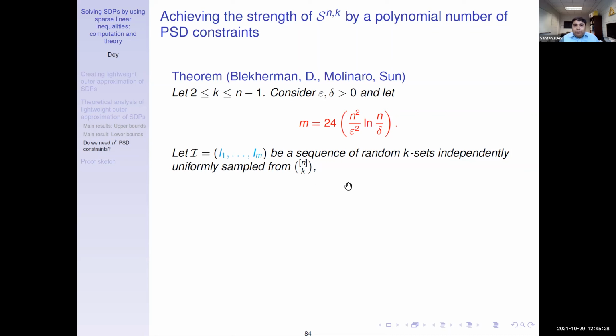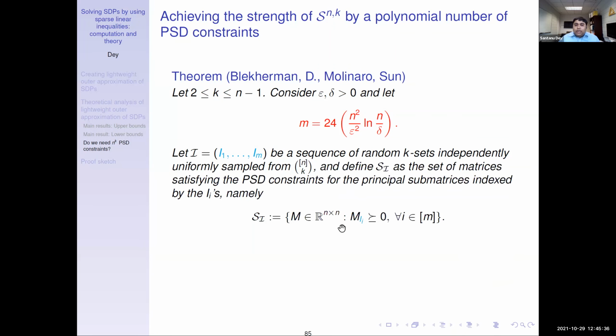Among them, just independently and uniformly sample m of these principal sub-matrices. And then you consider this random cone where you enforce the PSD-ness. This is notation for enforcing PSD-ness. You enforce the PSD-ness only on these m randomly selected supports, each of size k.